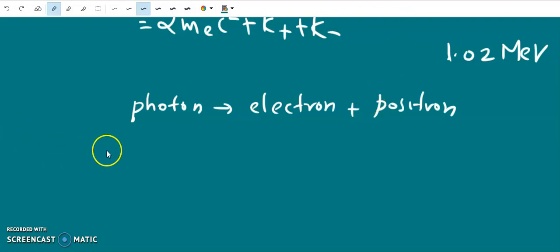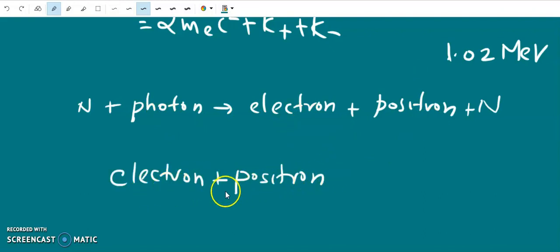So an external nucleus is needed for this process to occur, and it will not take place in empty space. The external nucleus is there in this process and also before it, and the electron is not produced from the nucleus, but the photon itself materializes into the electron and positron.